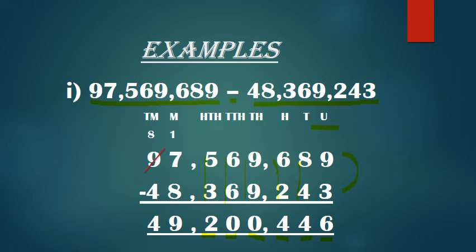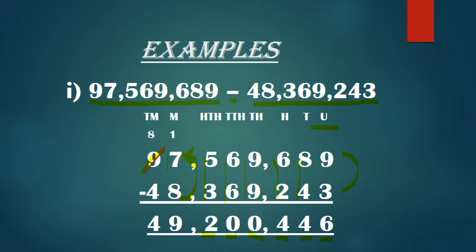After that, we cannot subtract 8 from 7. So what do we do? We will borrow 1 from 9, or we can say we will borrow 1 from the previous number. Now it becomes 17.